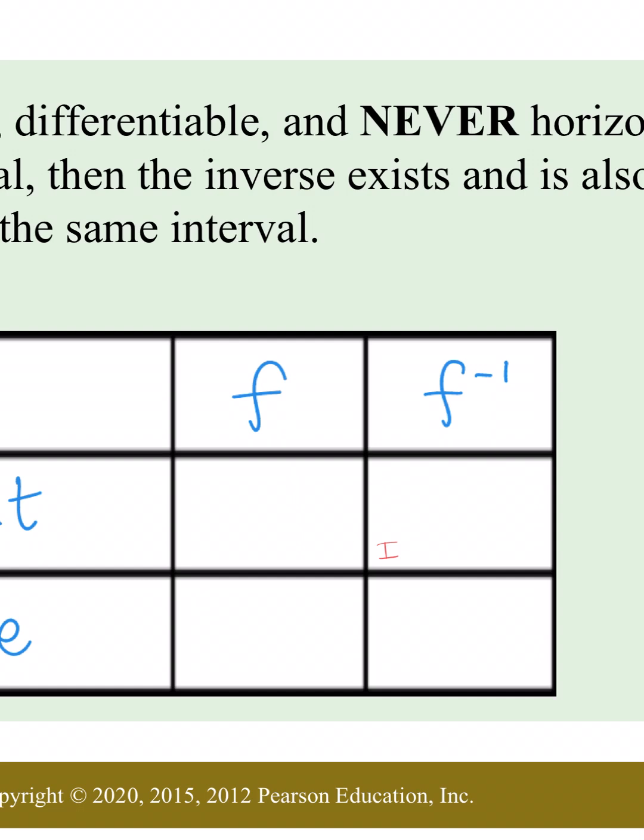Okay, you have to start with a given point, and the point you'll be given is B, comma, A. In the problem, you will be given the point. If you know B, comma, A, then what's the point I can put under the F column? A, comma, B. Okay, that is true.